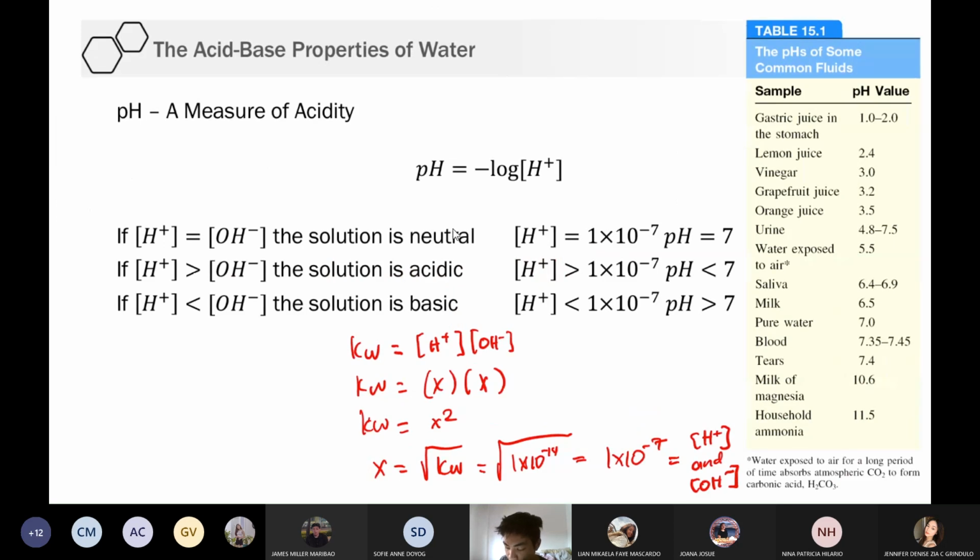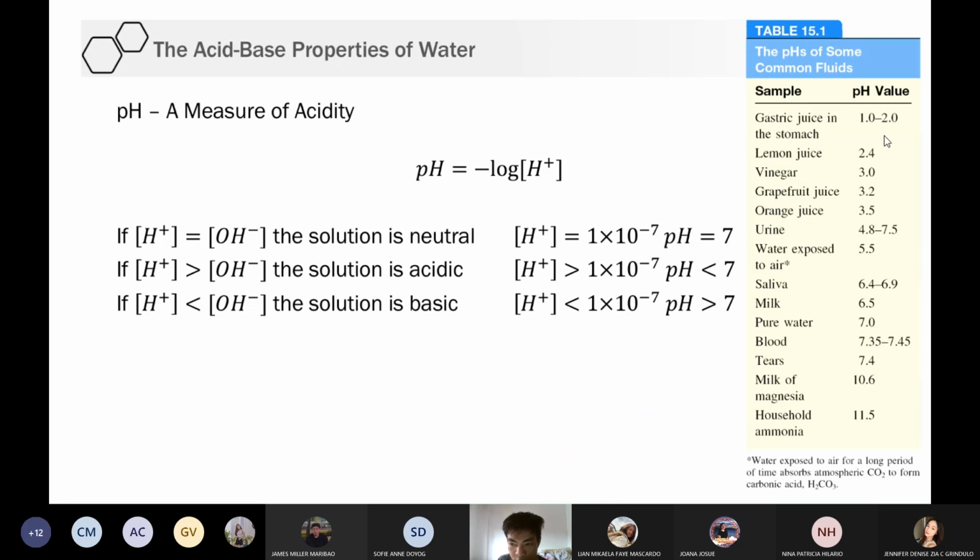So yun yung reason bakit 1 times 10 raised to negative 7 yun. So we just derived. Bakit kasi naging ganon? Equal lang yung concentration ng H plus and OH. Solving for X, we get this now. Okay. So that means for neutral solution, the pH is 7. So pag pinalag-in mo yan dito sa equation na to, makuha mo exactly 7.